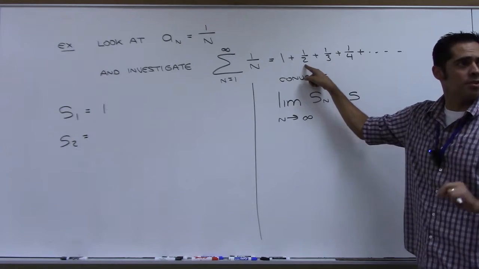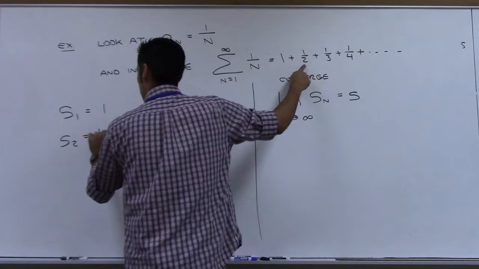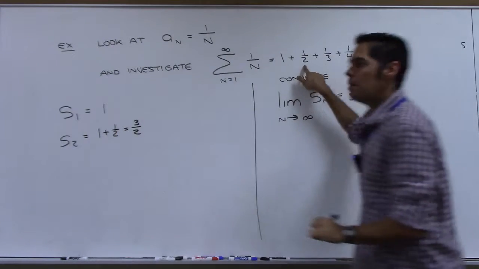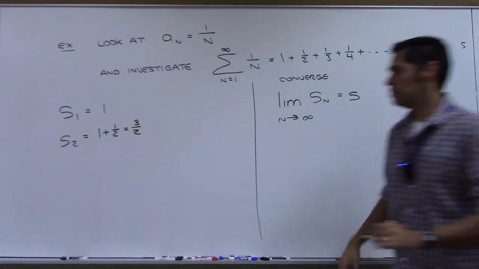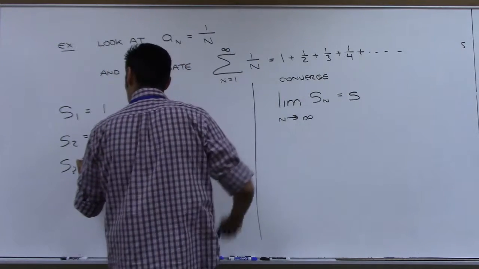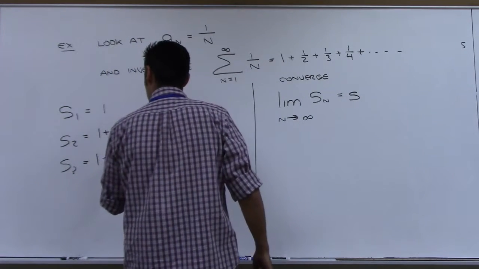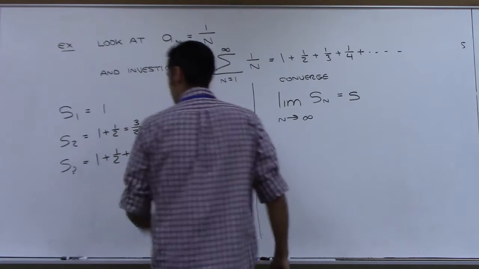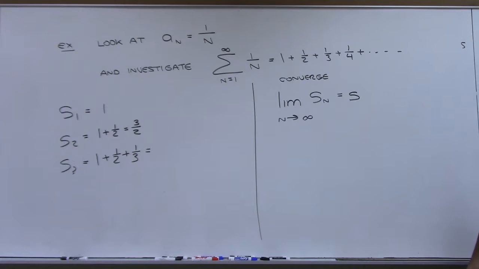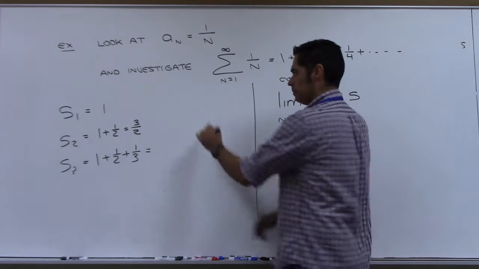That means add up the first two, which would be 3/2. What's s sub 3? Add up all three. 1 plus 1/2 plus 1/3, which would be, what's 3/2 plus 1/3?